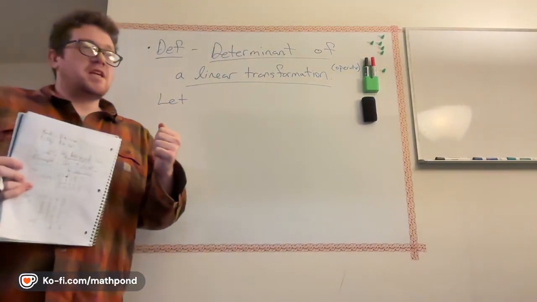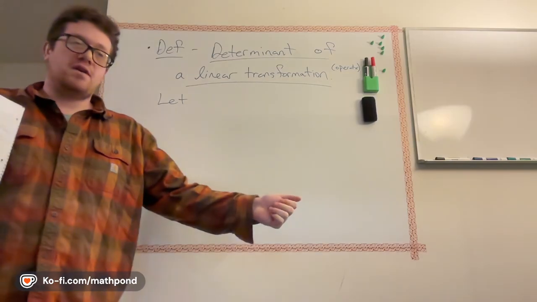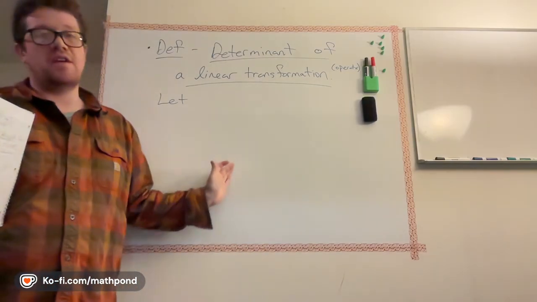Meaning that the linear transformation is actually from a vector space to itself. Instead of from V to W, it's from V to V, right?